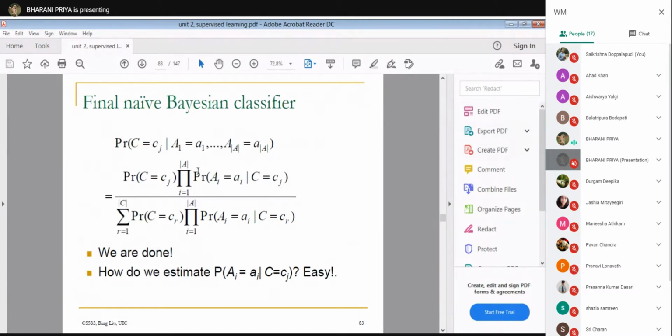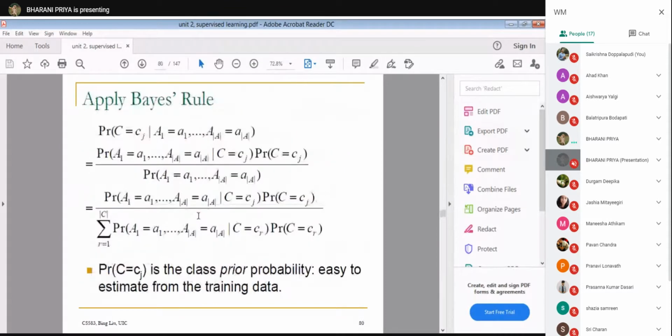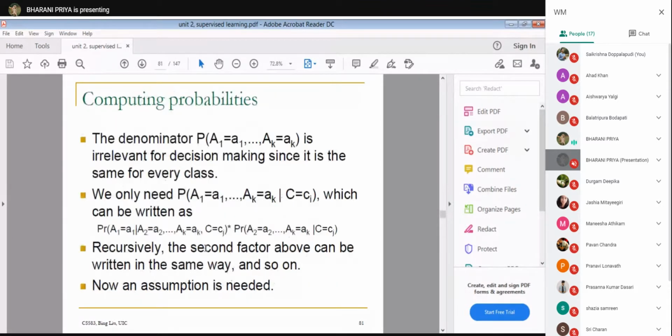So the final naive-Bayes theorem: we need to estimate the class value given all attribute values. That is given by, again, the previous formula. What is this? Conditional probability into prior probability. These individual values that you got are substituted here.